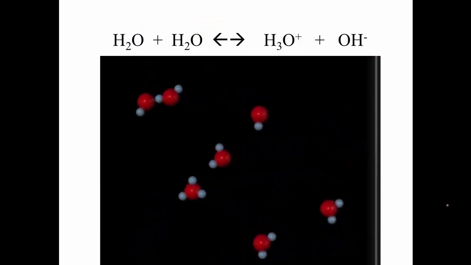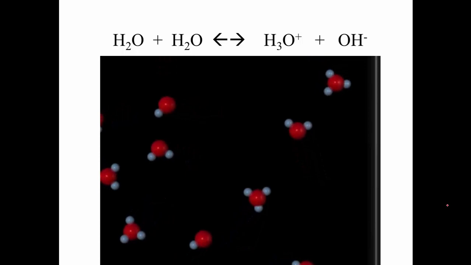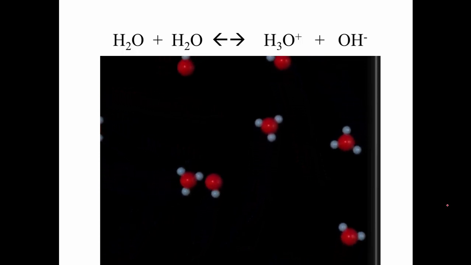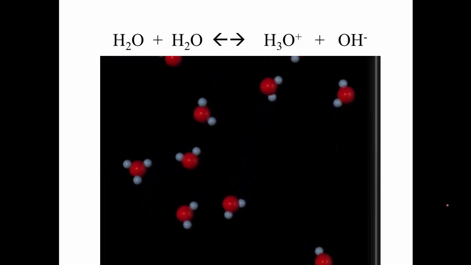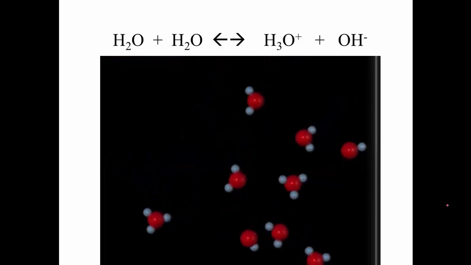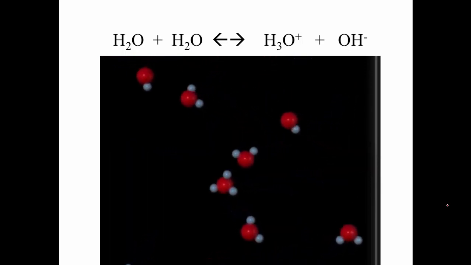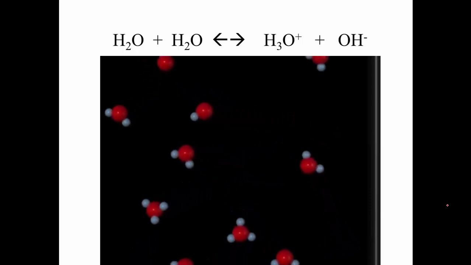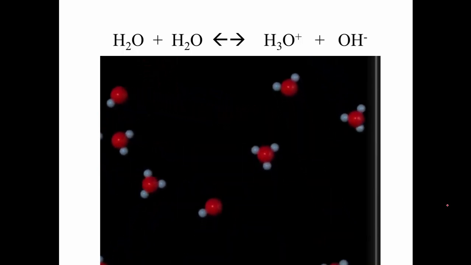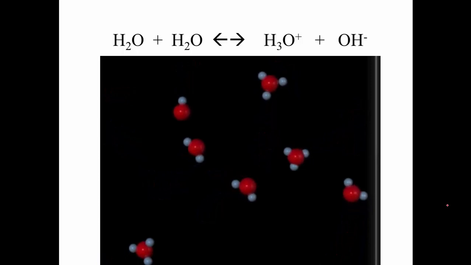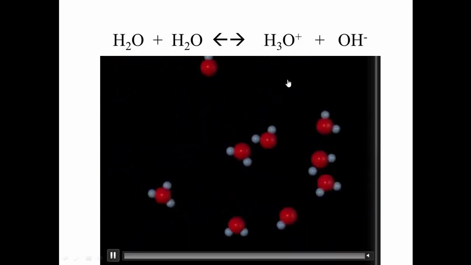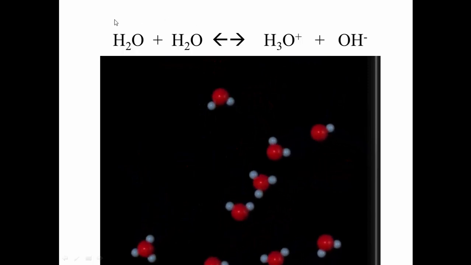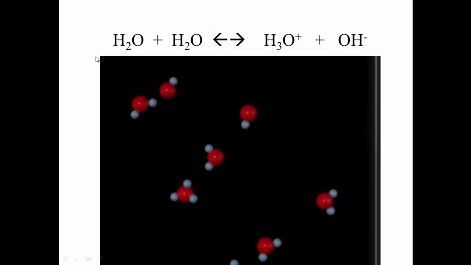There are your water molecules, and you've got a very few number of hydronium and hydroxide ions, but as the water molecules collide, one of them transfers its proton to another. That leaves it with the hydroxide ion and gives the hydronium ion, and then you often get them colliding back and reforming water. You do primarily have more water molecules.